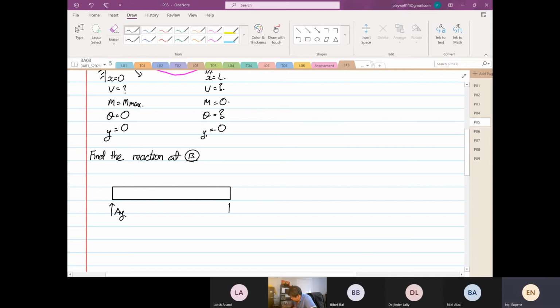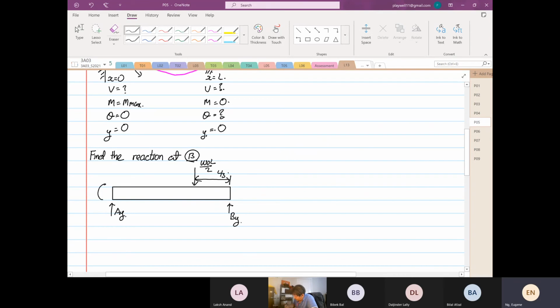We understand that we have BY, right? And then we have a load coming down here. And this load is equal to omega naught L divided by 2. And the distance from here to here is L over 3, right?